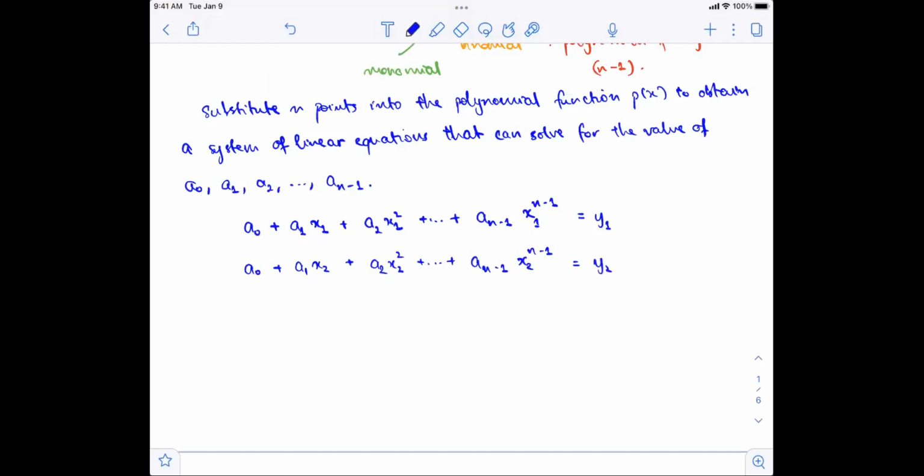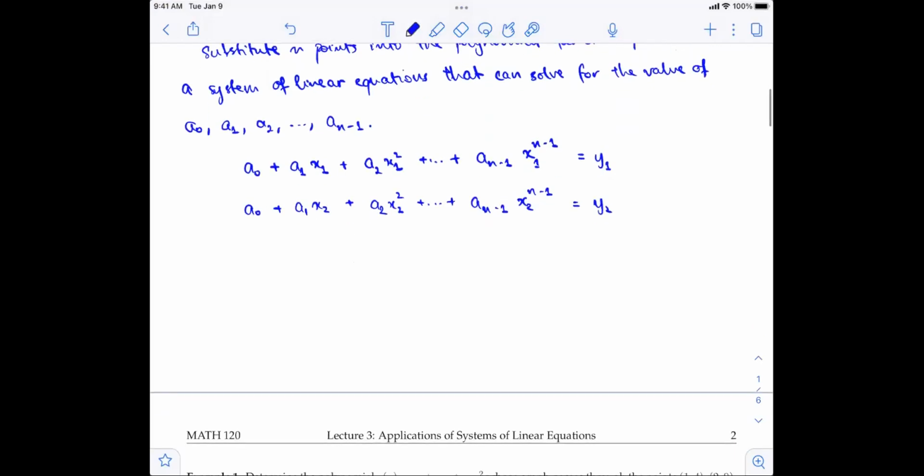I'm not going to write everything down up to the nth case, so I'm just going to skip the equations in between and write the last equation: a0 plus a1 x sub n plus a2 x sub n squared, up to a sub n minus 1 times x sub n raised to the power n minus 1, equal to y sub n.